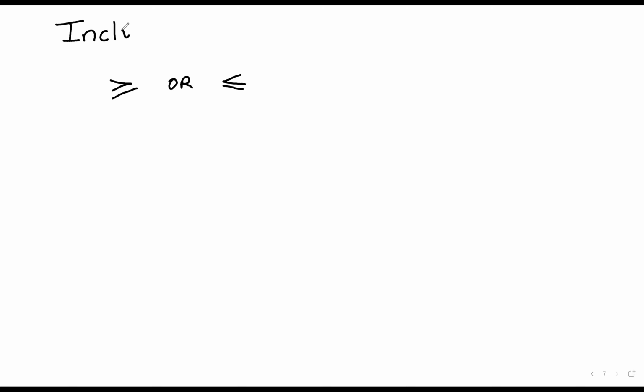Was that Enzinger who said that she didn't remember? Yes, miss. So you remember a bit, right? Or you're just using common sense. Nice. So inclusive inequalities would be greater than or equal to or less than or equal to.